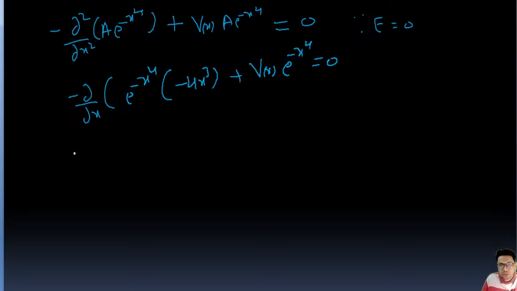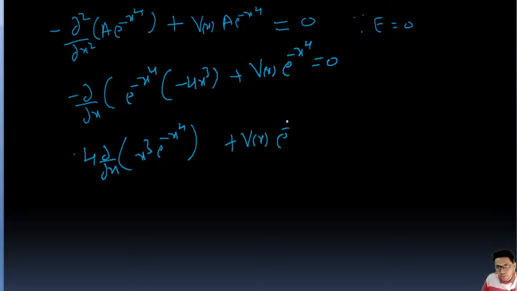So again we'll differentiate it, okay. So here minus minus is going to be plus, and we'll take 4 common, so it is going to be 4 d upon dx of x cube e to the power minus x to the power 4 plus V function of x e to the power minus x4 equal to 0.